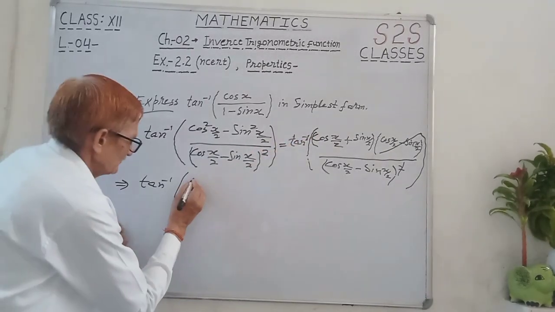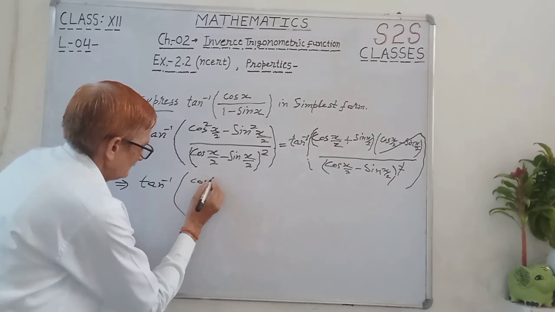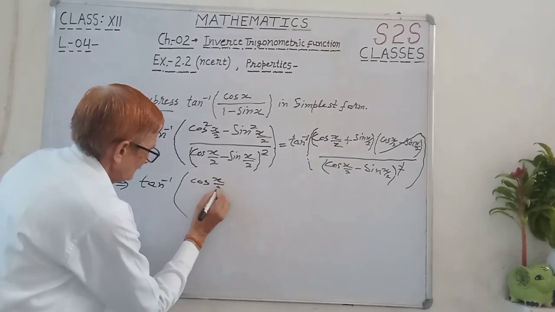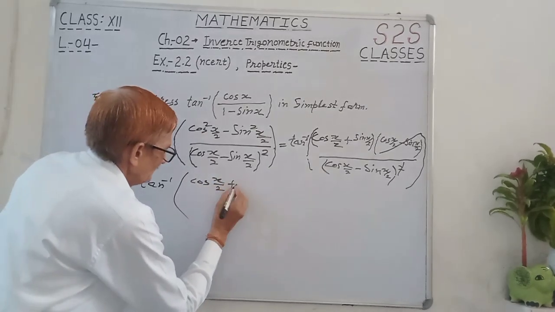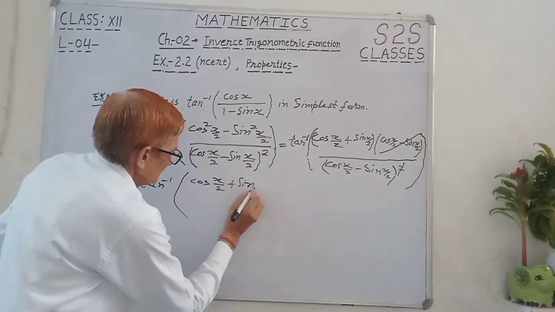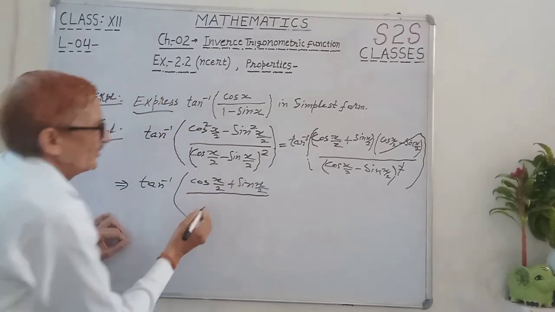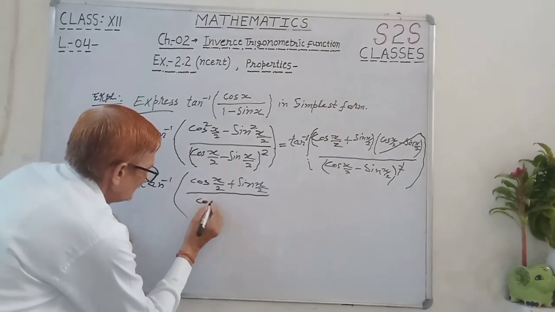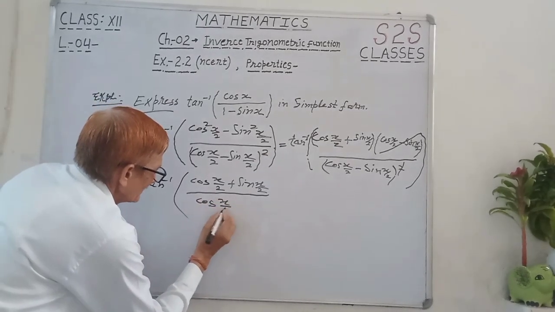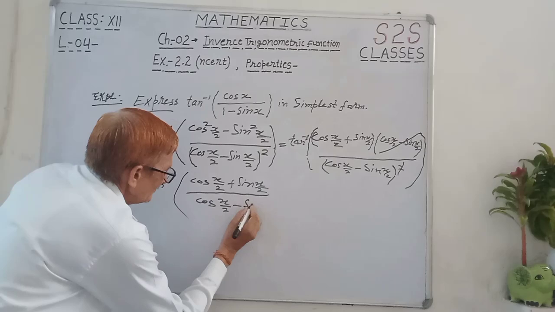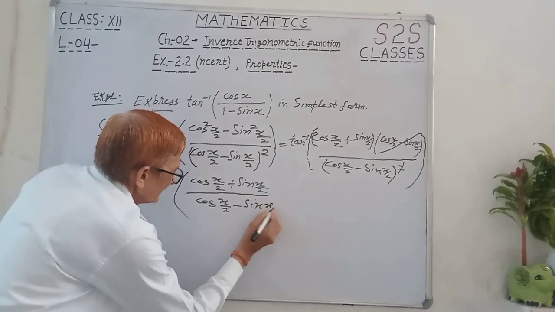Then what is left here is tan inverse of cos x by 2 plus sin x by 2 upon cos x by 2 minus sin x by 2.